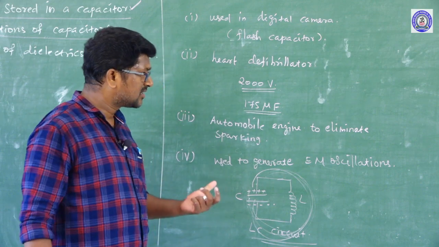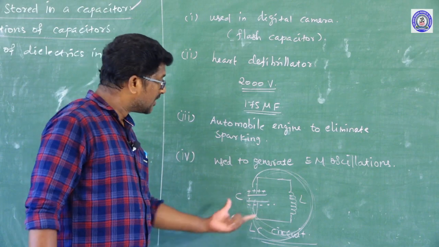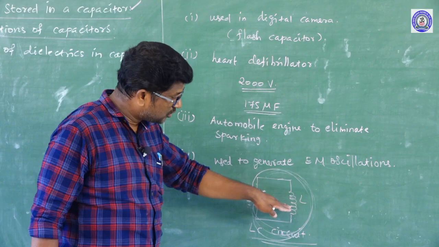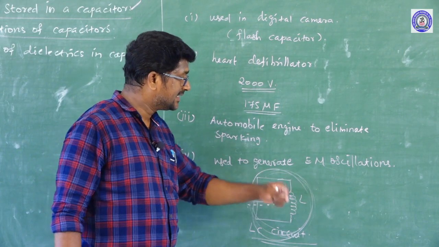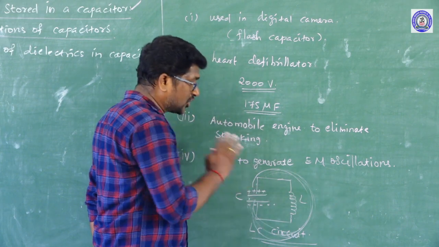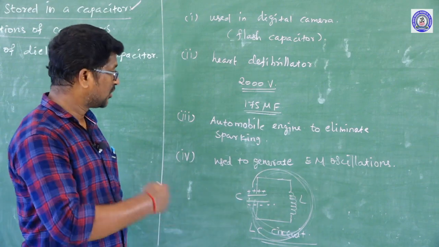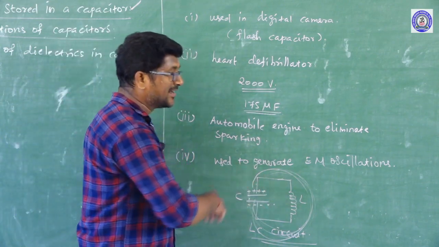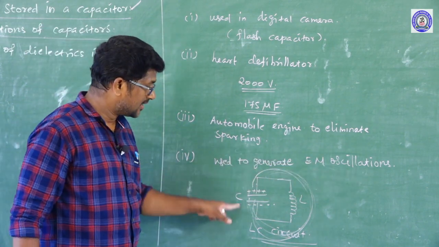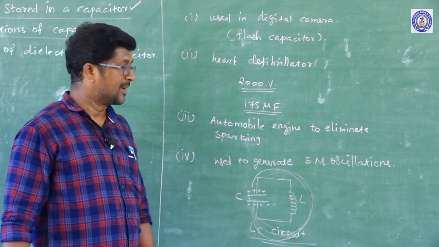The electrostatic energy stored in the capacitor is first converted into magnetic energy, and once again the magnetic energy is converted into electrostatic potential energy in the capacitor. This repeated conversion produces electromagnetic oscillation. So, to generate electromagnetic oscillation, the capacitor must be used. This is also one of the applications of the capacitor.